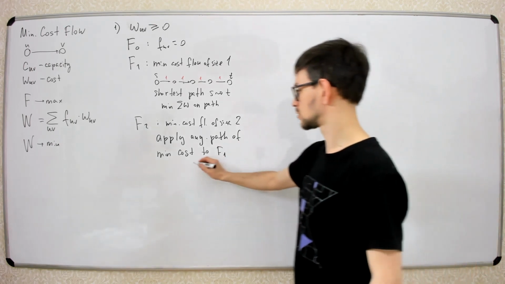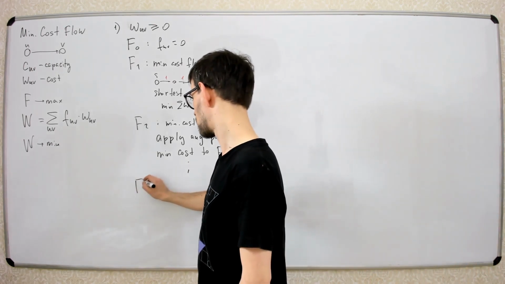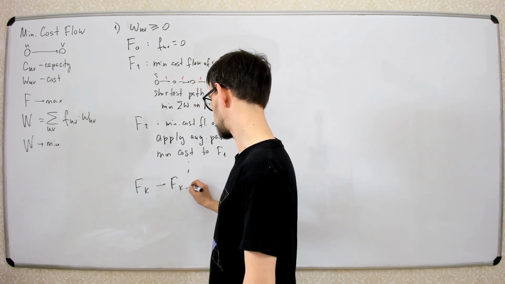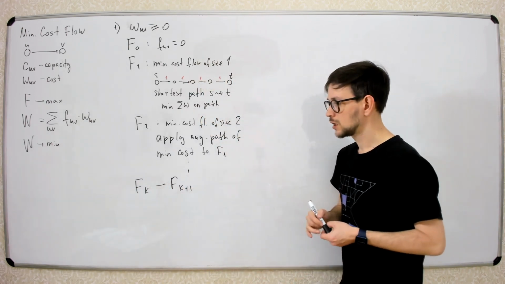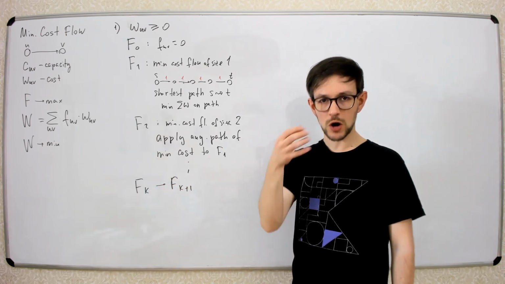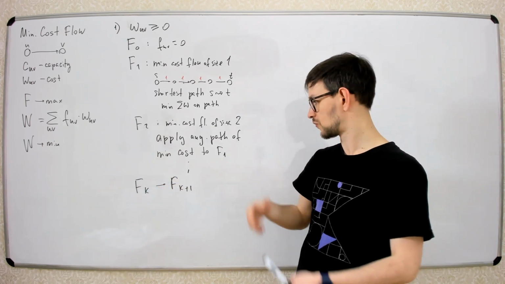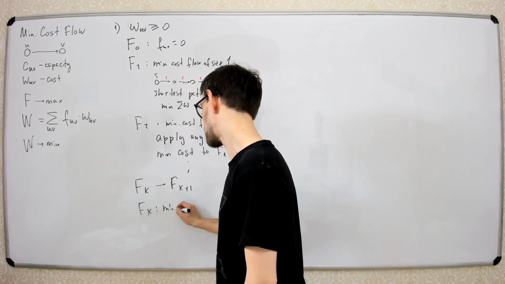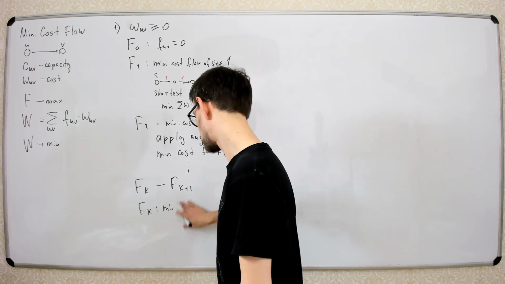And so on. If you want to move from flow Fk to flow Fk plus 1, you just take your current flow. Again, the invariant is that your current flow Fk is the minimal cost flow of size k.